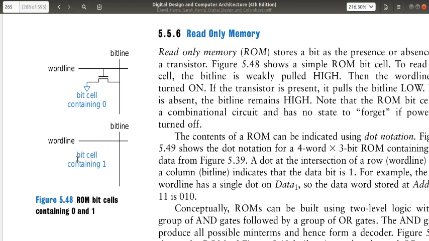And once you have programmed the ROM, that is, once you have entered some data or instruction into the ROM, you couldn't change it. So it depends on the implementation of this part, how you implement the presence of this transistor being grounded or its absence. Different types of ROMs are there.